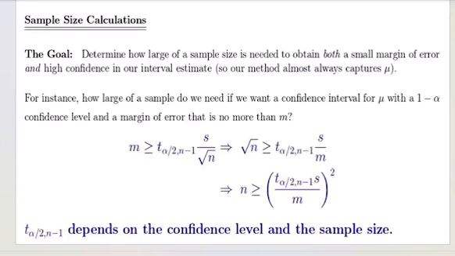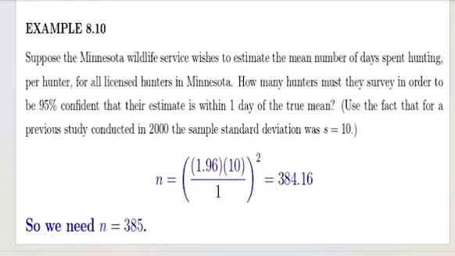But in this question, it's available, so I'm going to use a z-score. Don't forget, the z-score for a 95% confidence level is 1.96. The margin of error is 1. By the time I put that in, I got 384.16, which we always round up.